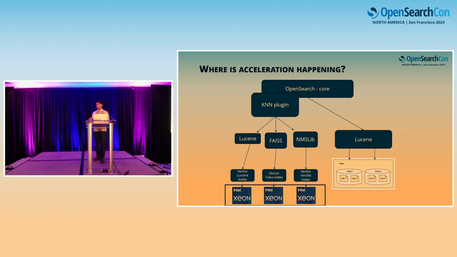At the very top level, you have core OpenSearch, which has a KNN plugin. KNN today supports three different libraries: Lucene, Faiss, and NMSlib. I think earlier presentations also touched upon these. Each of them will have their own index.